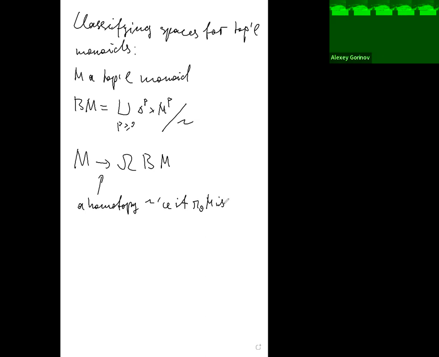Well, there's a necessary condition for the map to be a homotopy equivalence.